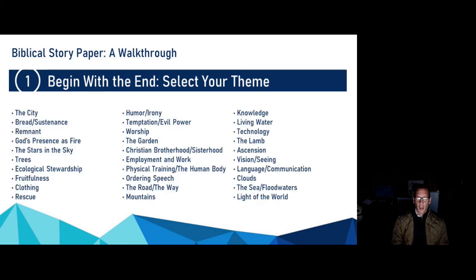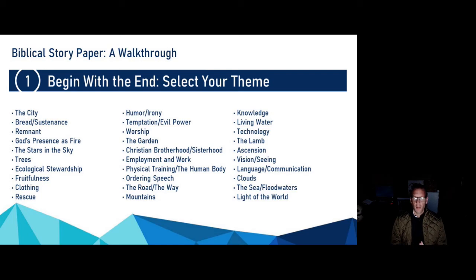I'm going to offer you the opportunity to look one more time at some suggested themes. This is not exhaustive, but it is a list of some possibilities. And I would encourage you, if you want to, just go ahead and pause the video right now. And then when you've landed on one, go ahead and push play again.